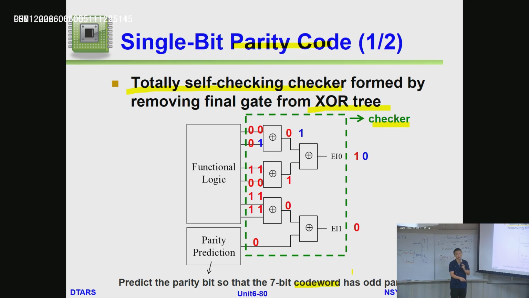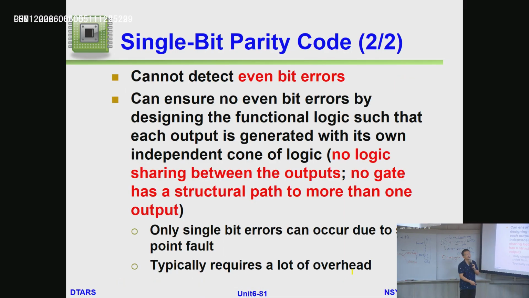Its parity is still odd. Then this checker will report there is no parity change. You will think there is no error. However, in this case, there are 2 errors.